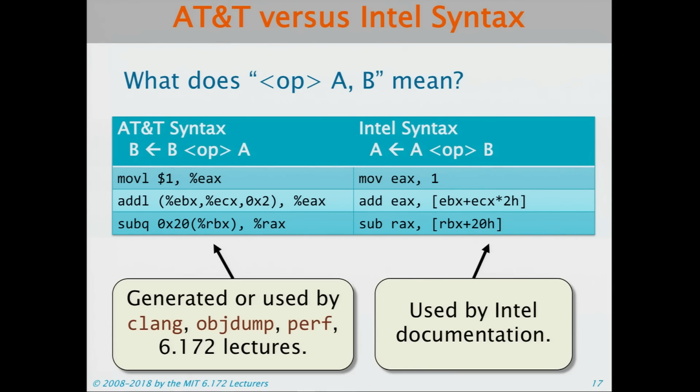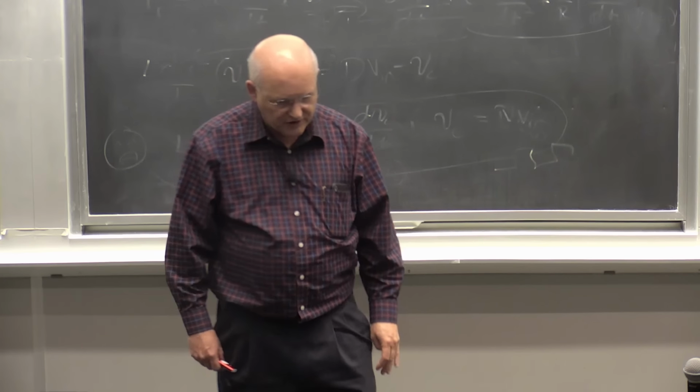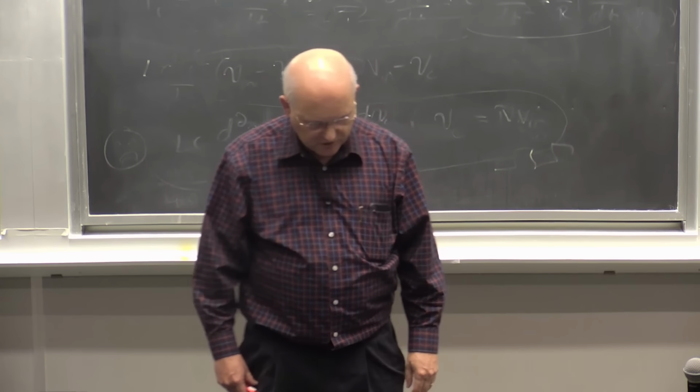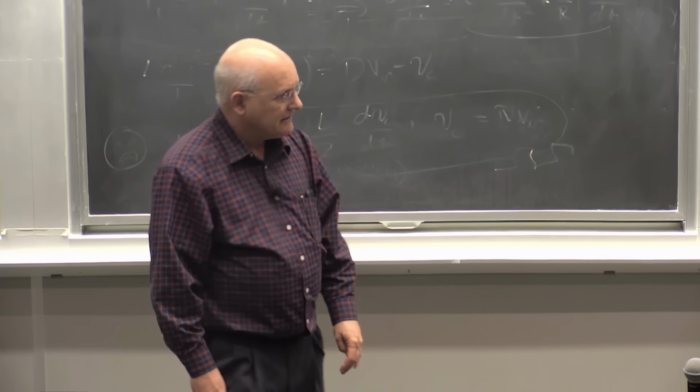In the AT&T syntax, the second operand is the destination, the last operand is the destination. In the Intel syntax, the first operand is the destination. Is that confusing? Almost all the tools that we're going to use are going to use the AT&T syntax.